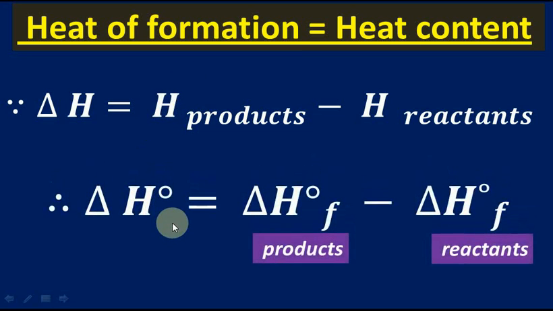Delta H of the reaction, the change in heat content, equals delta H of formation of products minus delta H of formation of reactants, because heat of formation equals heat content. This is my rule. I will depend on it in solving my problems.